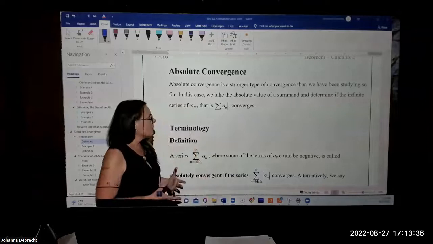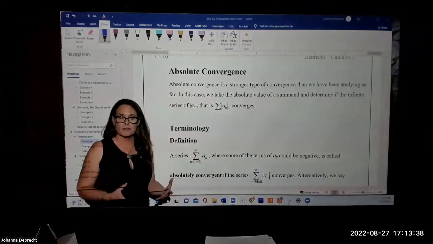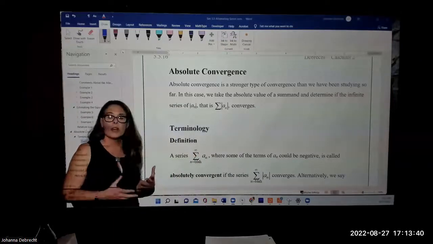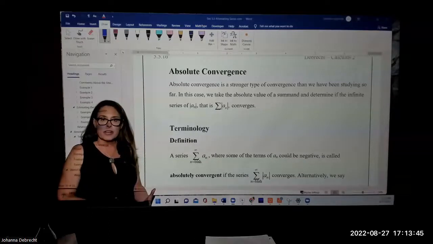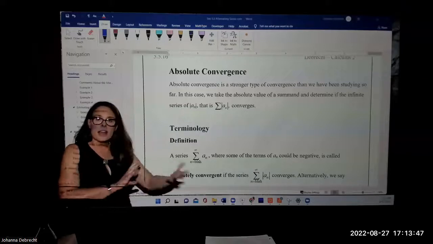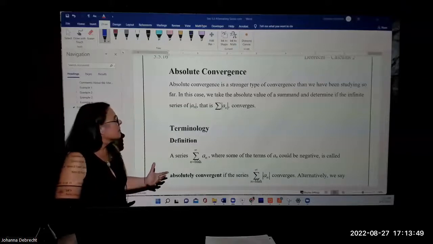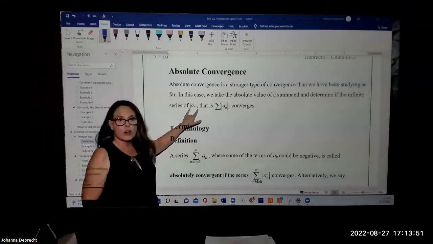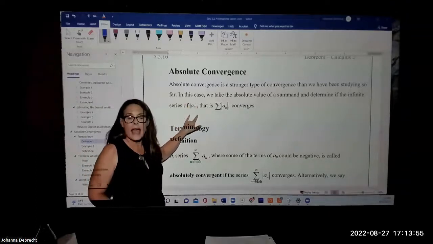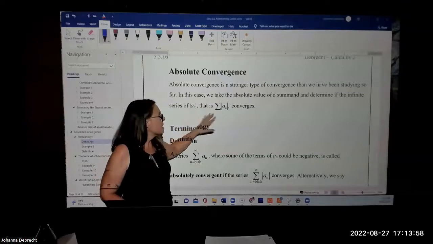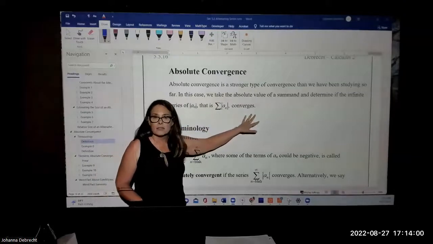Now, we want to establish what we're going to call it when it does converge, and what we'll call it when it does not converge. So when you take an alternating sequence with every other term being positive, we want to think about a stronger condition called absolute convergence, where we take the absolute value of the summand and see if that series converges.